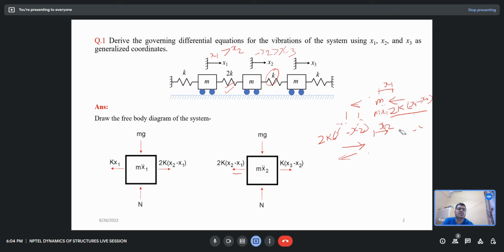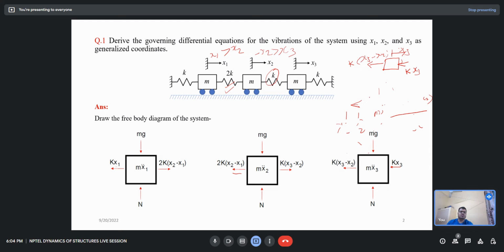The same forces will be calculated for the third block. For the third block, x3 is there. What is the force in this direction? k into x3. And what was the force here? That was k into x3 minus x2, so in the opposite direction it is k(x3 minus x2).